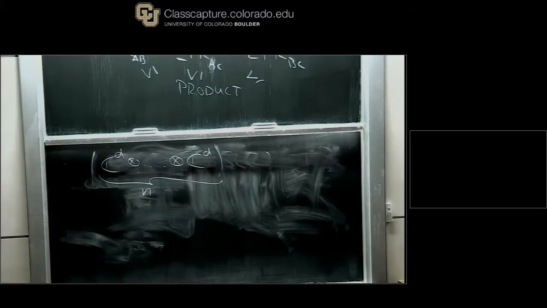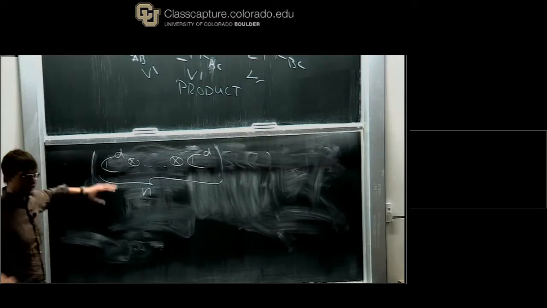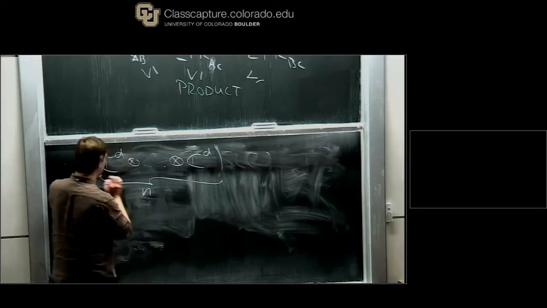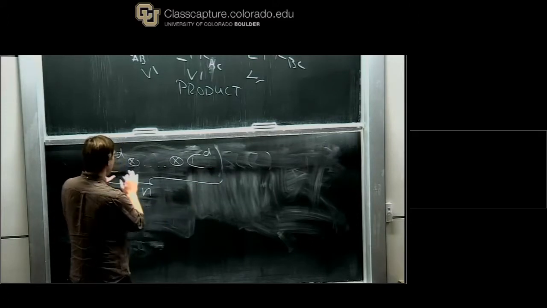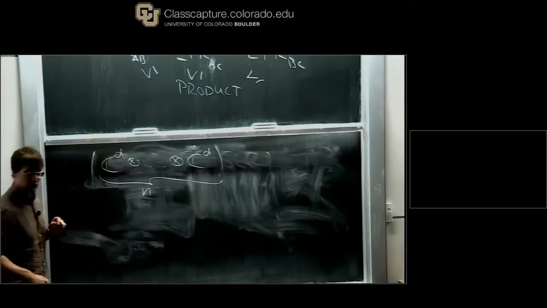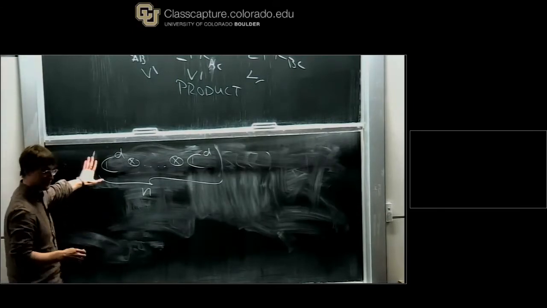This has a very natural action of GL_d on it, and the action is just that you apply G tensor G tensor G tensor G to it. So it simultaneously transforms the basis in all of these local spaces. Okay? So GL_d acts very naturally on it.